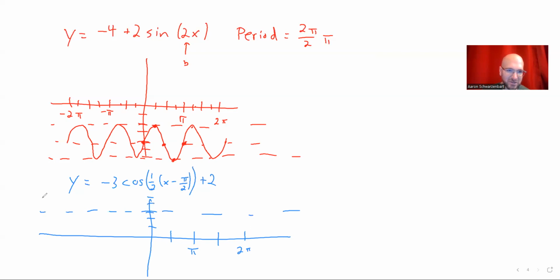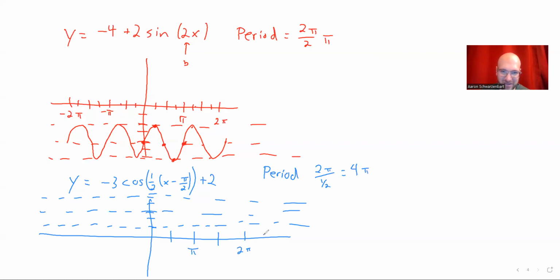Go up and down 2. Now my period. Period is 2 pi over b. B is 1/2 this time. Dividing by 1/2 is the same as multiplying by 2. So this is now 4 pi. I'm going to need to make this graph longer.